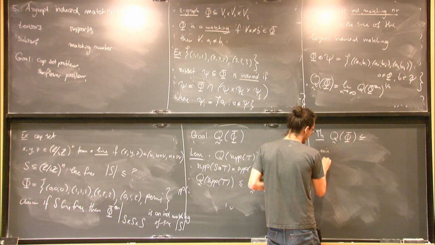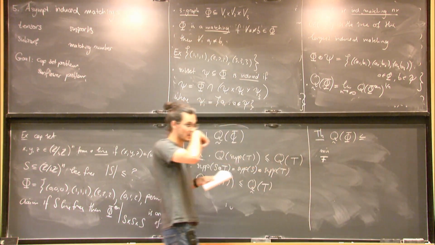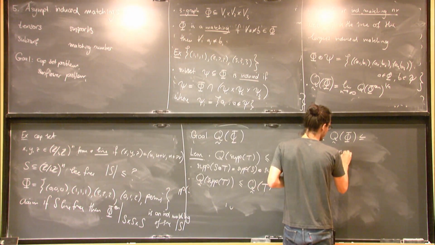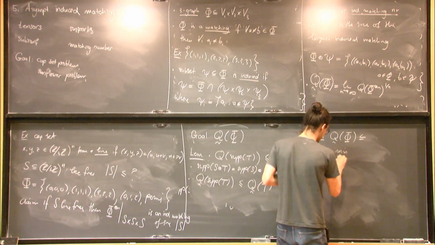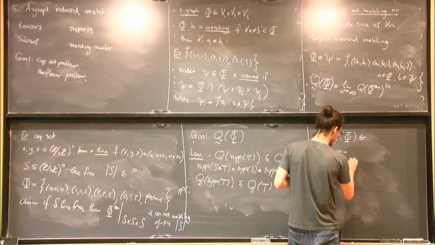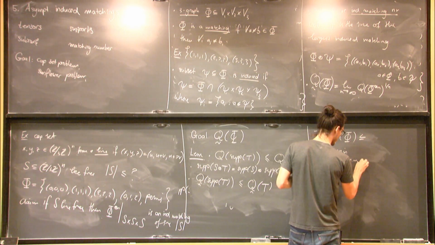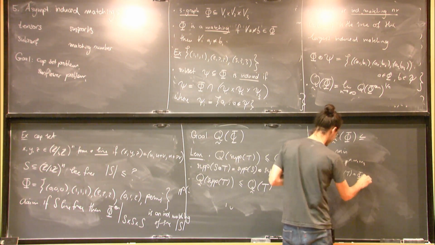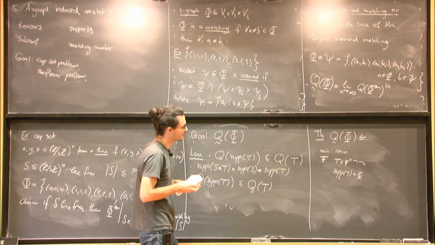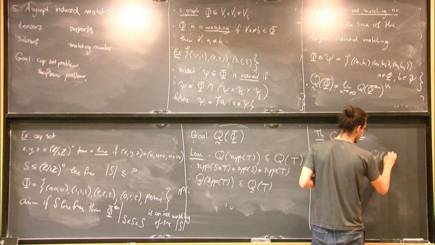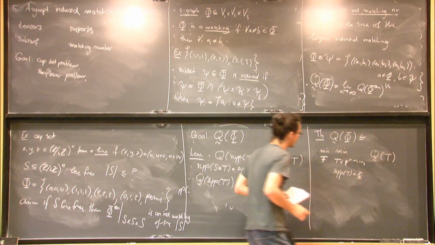You pick a field F, then you pick a tensor T over this field, such that the support of T equals phi. And then you look at the asymptotic subrank of your tensor T.